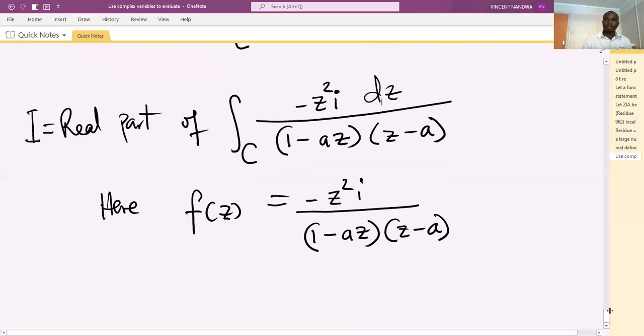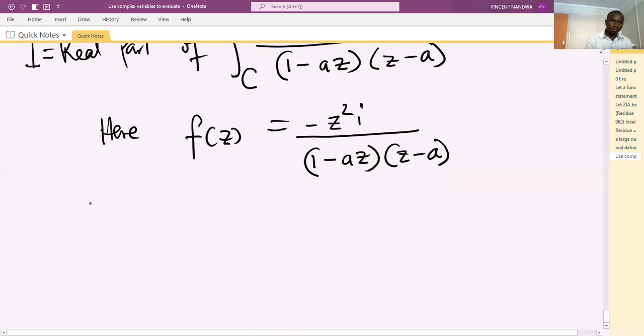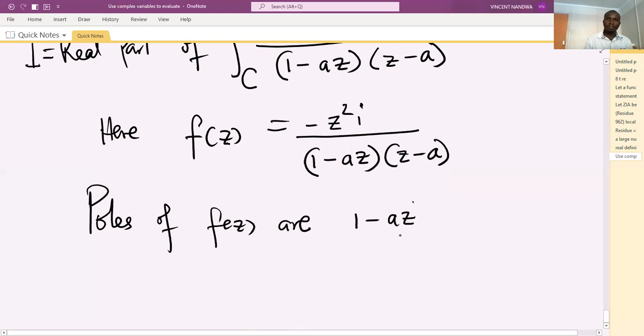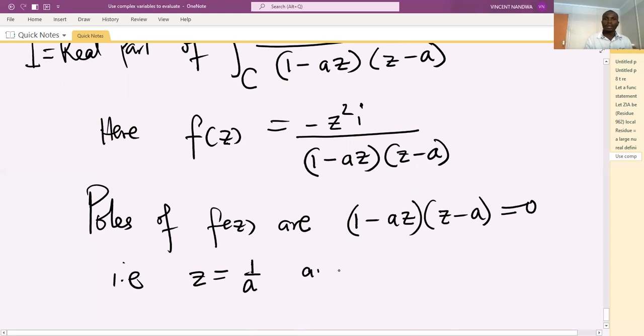So the poles of f of z are found by taking the denominator and equating to 0. When you solve this, you get z equals 1 over a and z equals a.